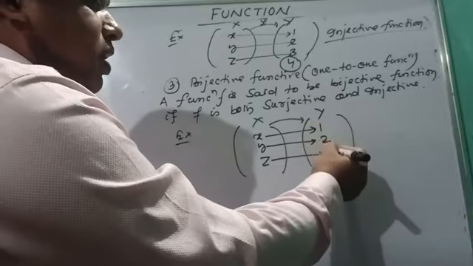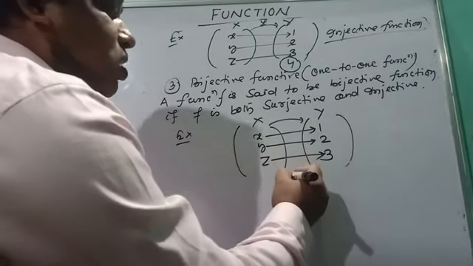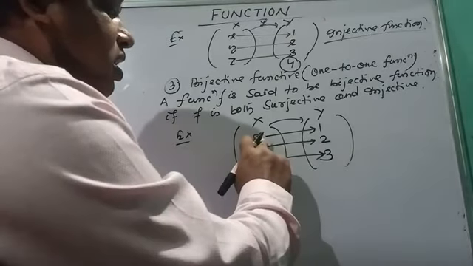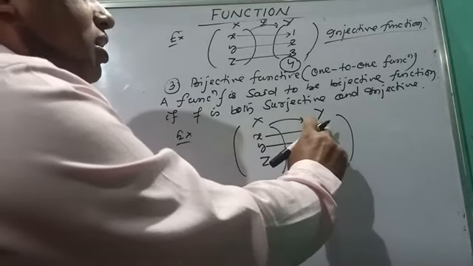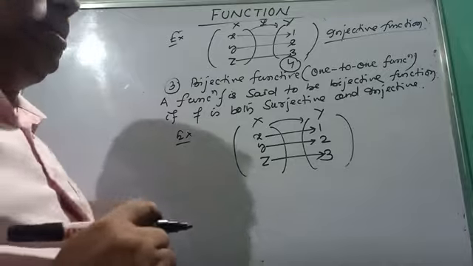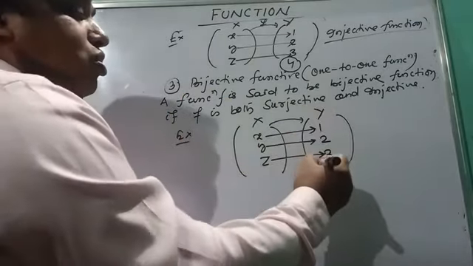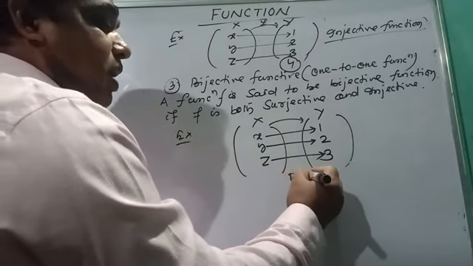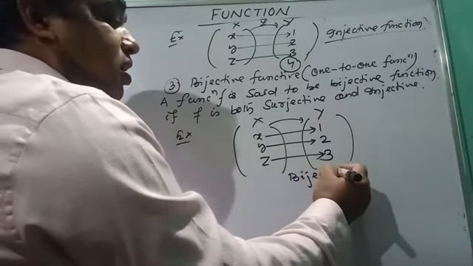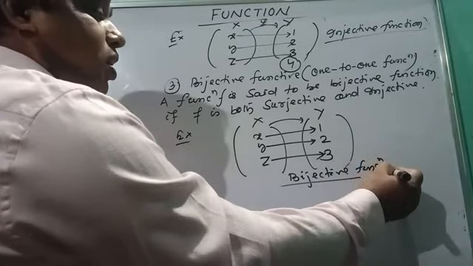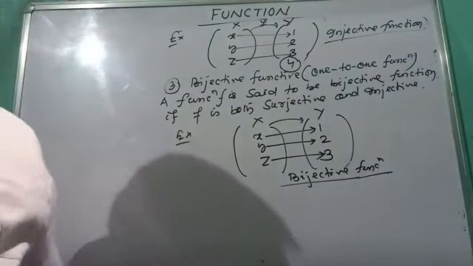So all elements have a pre-image. So this one is a surjective function. Again, each element of the X set is related with one element of the Y set, so it is also an injective function. Since this function is both surjective and injective, it is a bijective function.